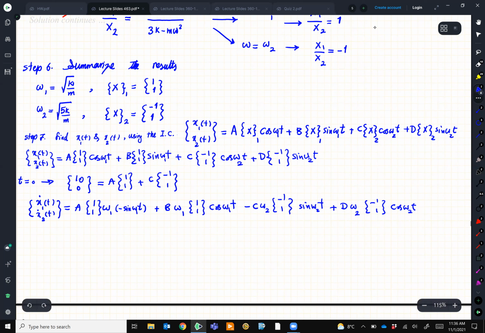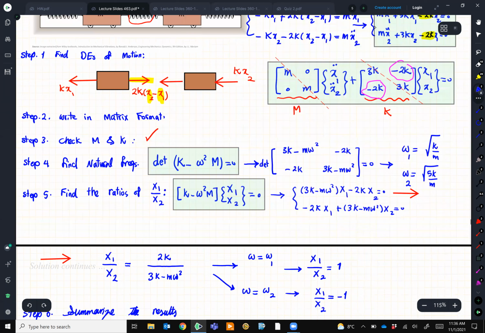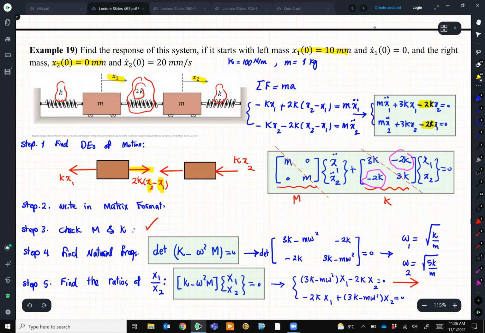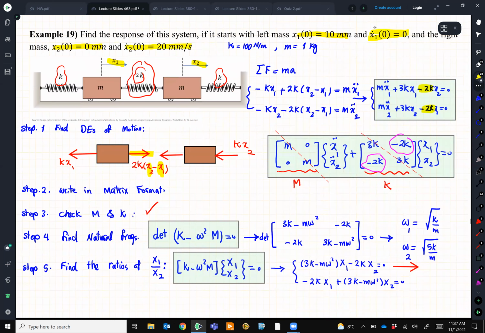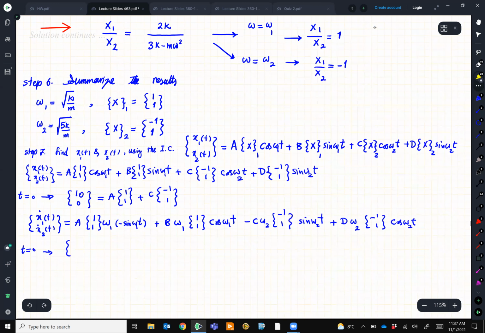So my initial condition at time t equal to 0, we know the velocity. I'm going to go 1 slide back to check the velocity. And also, please make sure that I'm right. My velocity for x1 is 0. My velocity for the second one is 20. So I have then 0, 20.